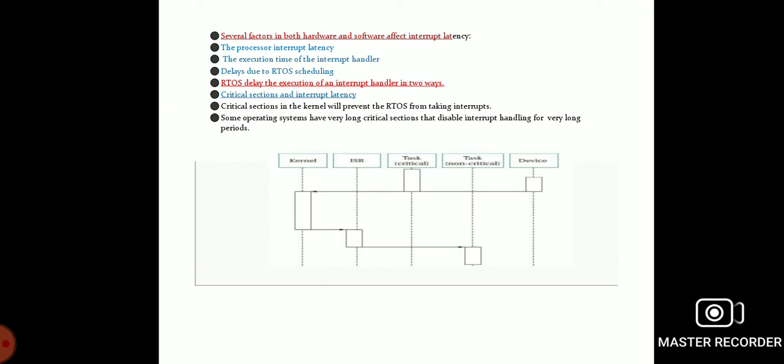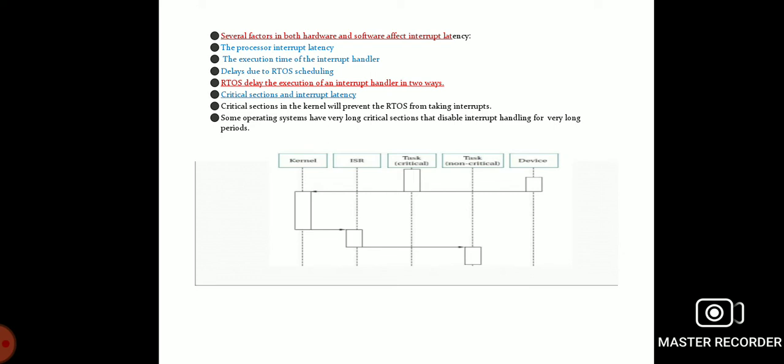If a device interrupts during a critical section, the critical section must finish before the kernel can handle the interrupt. So the longer the critical section, the greater the potential delay. Critical sections are one of the important sources of scheduling jitter, because a device may interrupt at a different point in the execution of a process and hit the critical section at a different point.